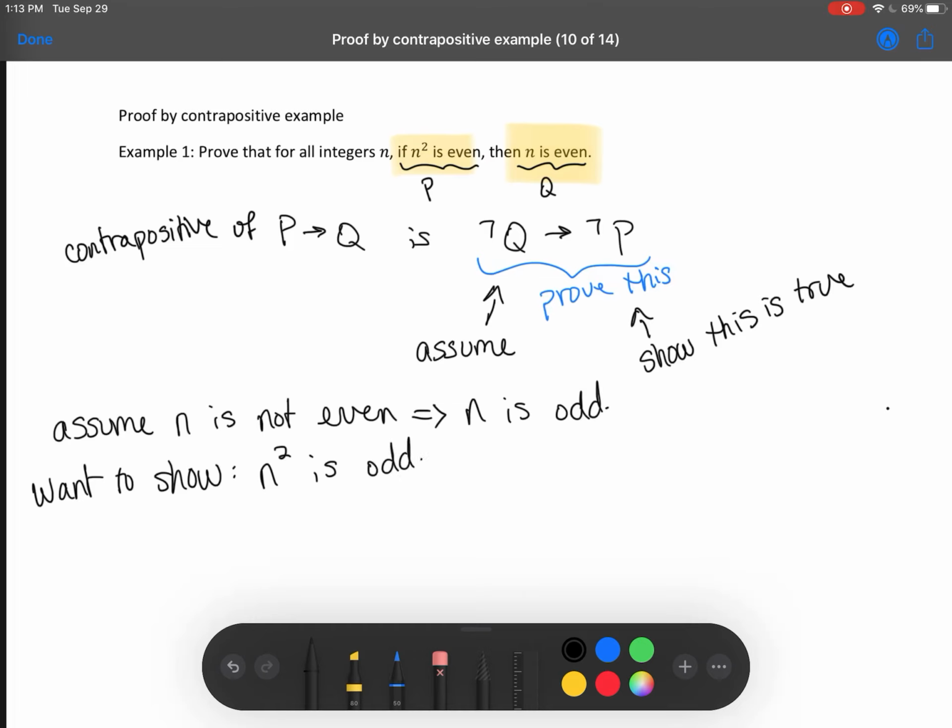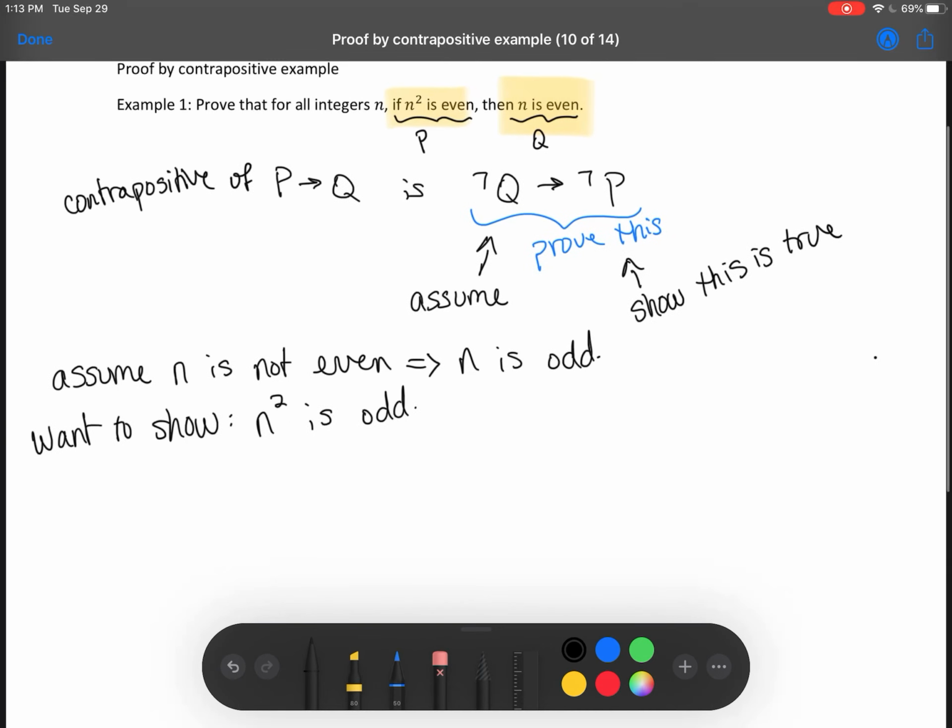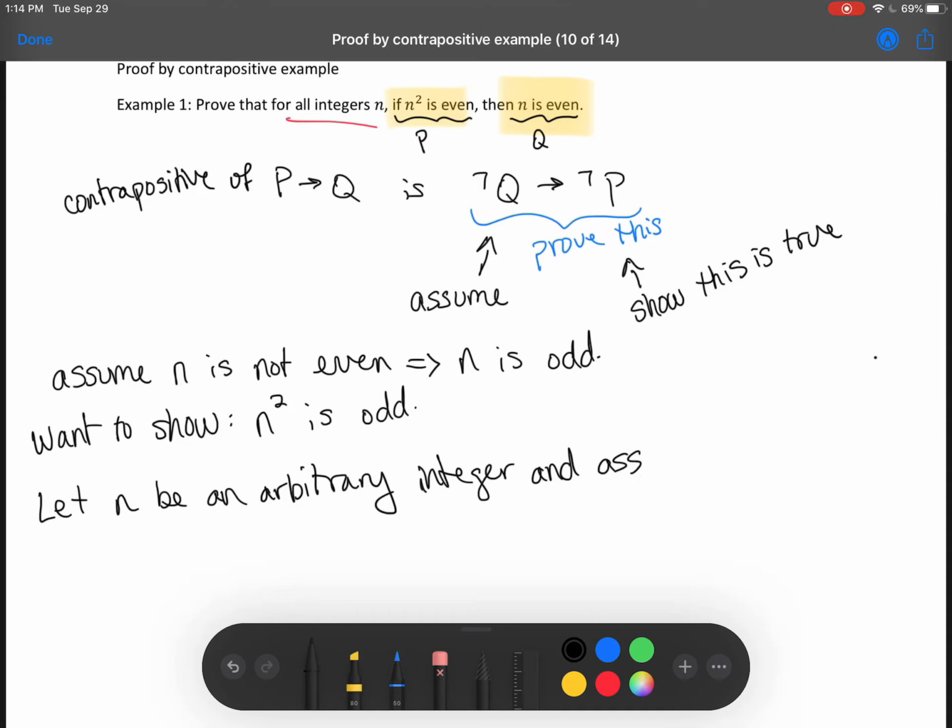I'm just going to do the scratch work here. The formal write-up of this proof is in the notes, but hopefully this gives you an idea. Recall that we're trying to prove this for all integers n. So we would say let n be an arbitrary integer and assume that n is odd.